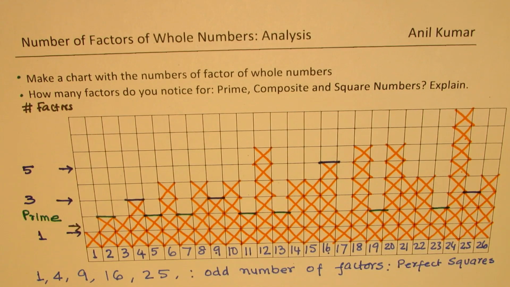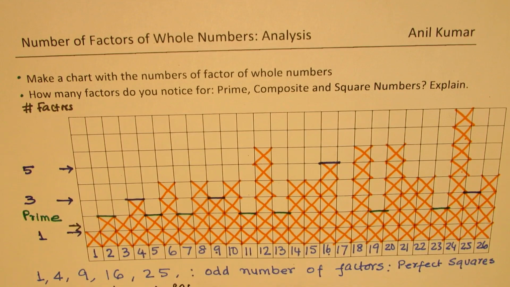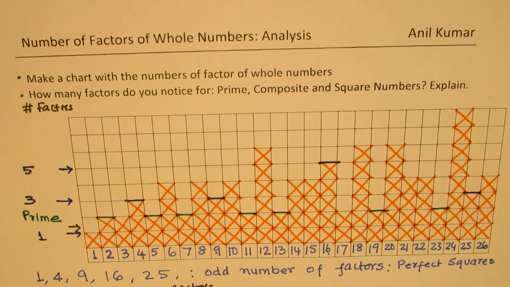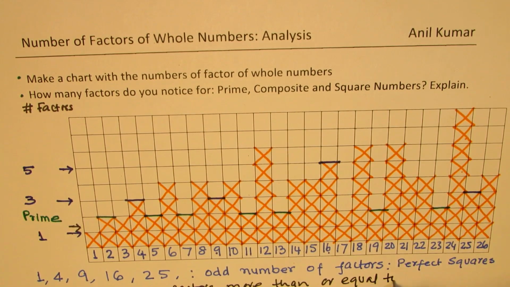What we notice here is that there are other numbers which have an even number of factors, more than or equal to 4. What are those numbers?